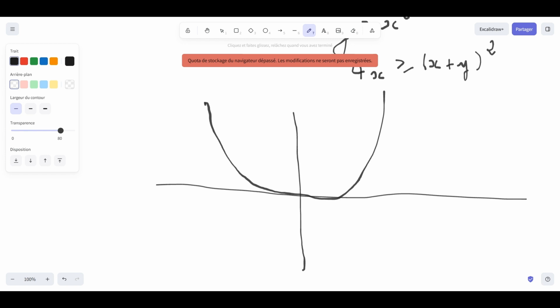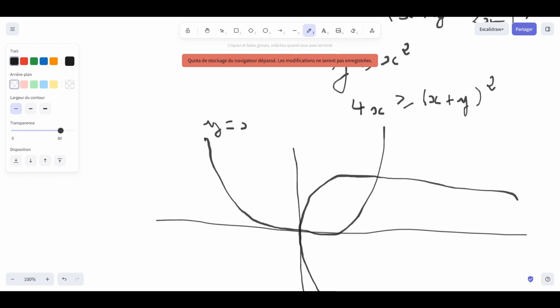It's a really approximate graph, but this one is y equal x squared, that's the first equation. And this one, all of here, is x plus y squared equal 4x.